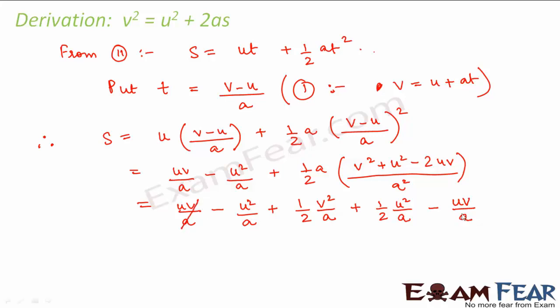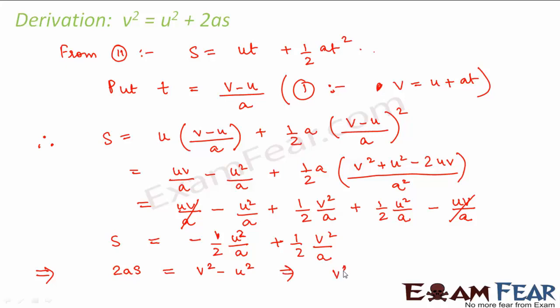So plus uv by a minus uv by a will get cancelled. So we are left with minus u square by a plus half u square by a, that is minus half u square by a plus half v square by a. So this is equal to s. So from this we can say 2as is equal to v square minus u square. So from this we can say v square is equal to u square plus 2as. Here we arrive at the third equation of motion.